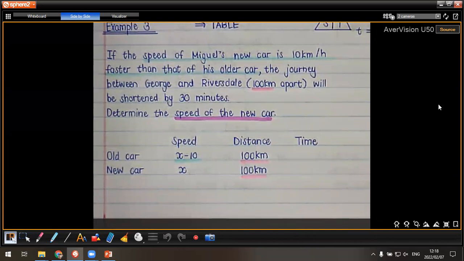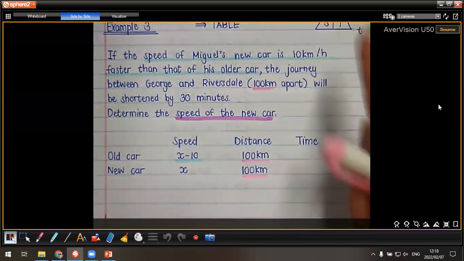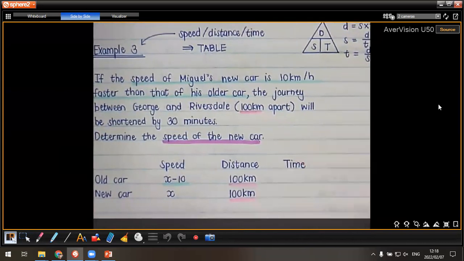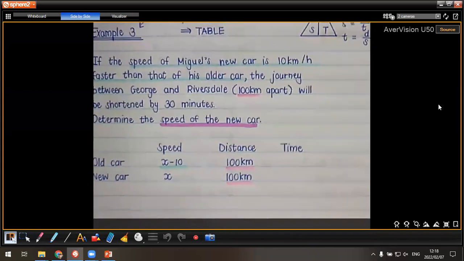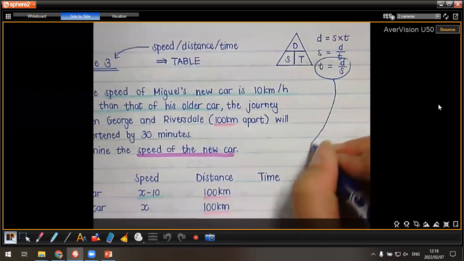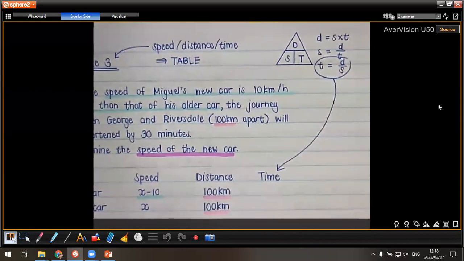So now, guys, for the time, we're going to have to use the time formula. Okay, so let's make an arrow from this time formula here to the time column in our table.